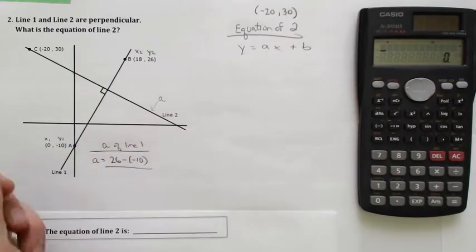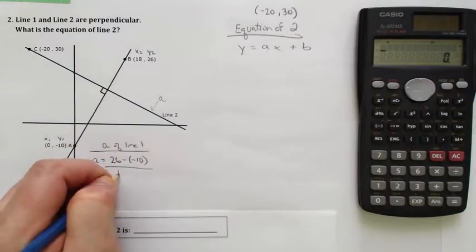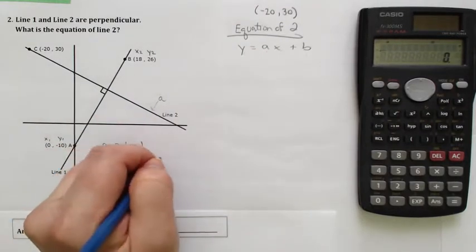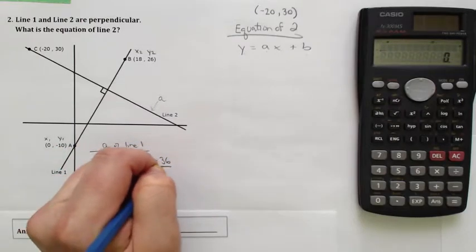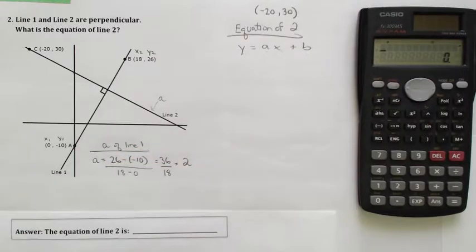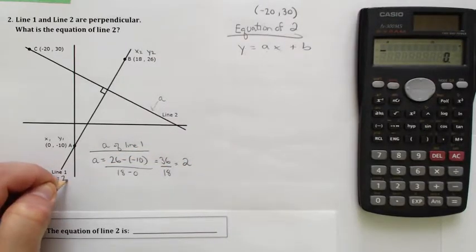Watch that double negative there. Over 18 minus 0. 26 minus negative 10 is 36, and 18 minus 0 is 18. 36 divided by 18 is 2. So the slope of line 1 has an a of 2.